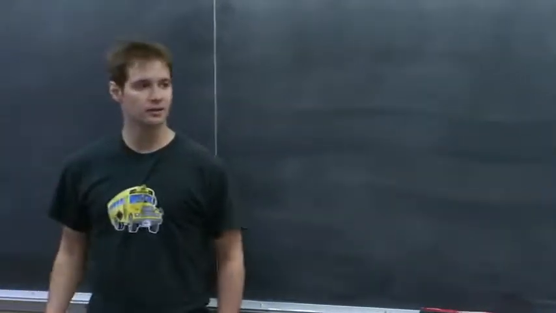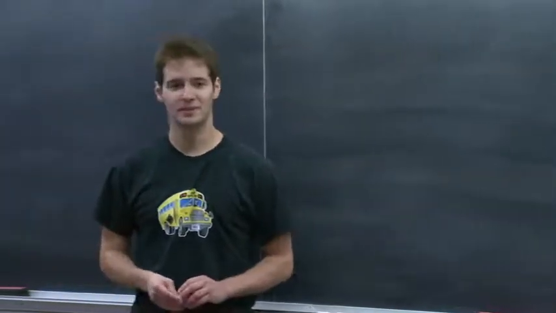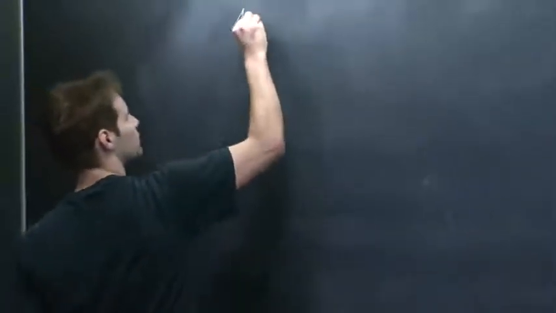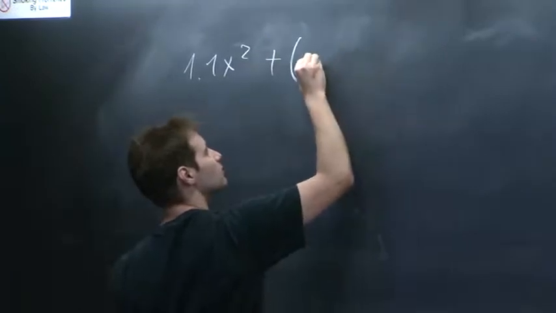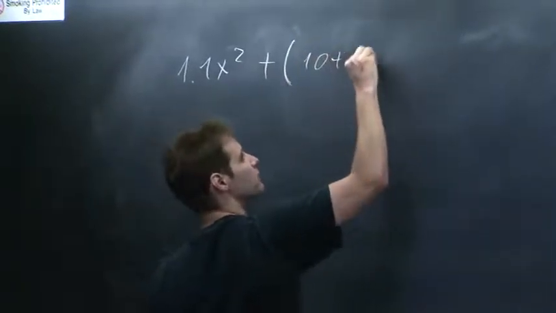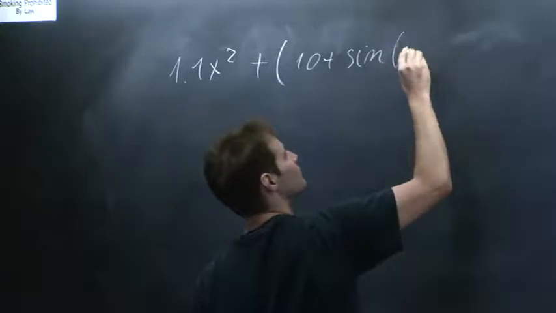So the hardest and I think most important part of the whole course is learning how to deal with asymptotic complexity. Asymptotic complexity is this very nice tool where you have a function that looks like this, x squared plus, what do I have here, 10 plus sine.